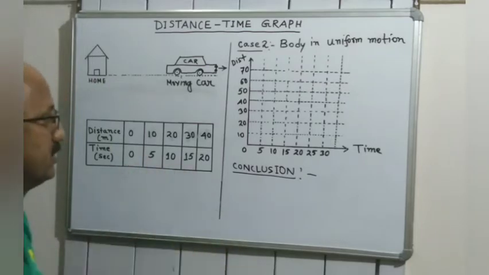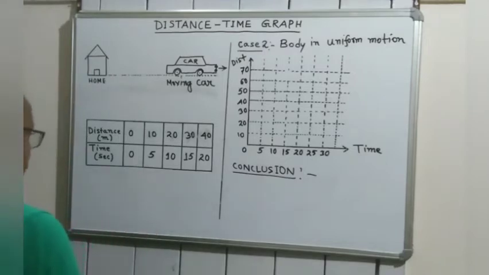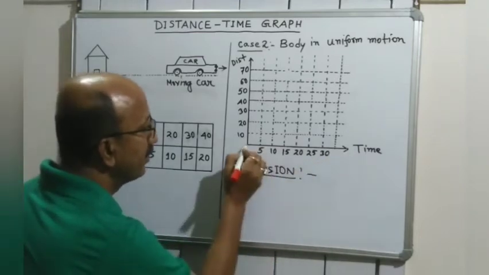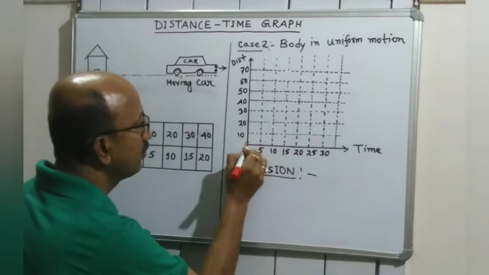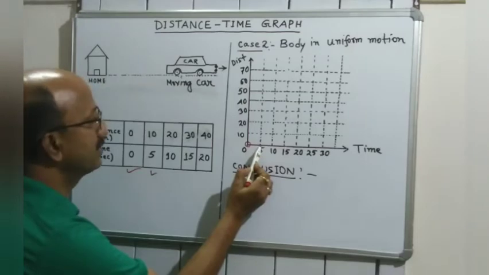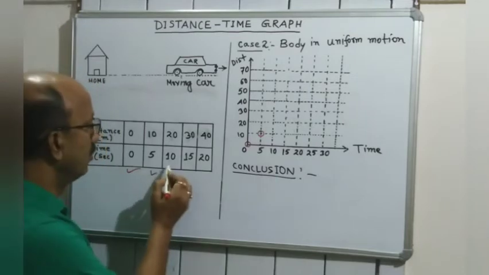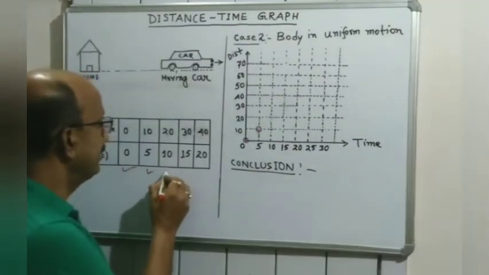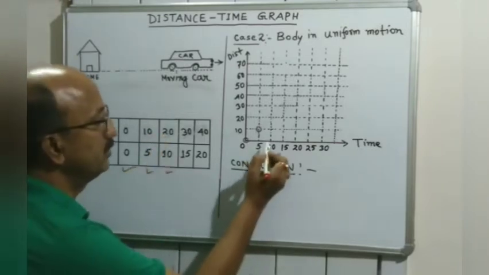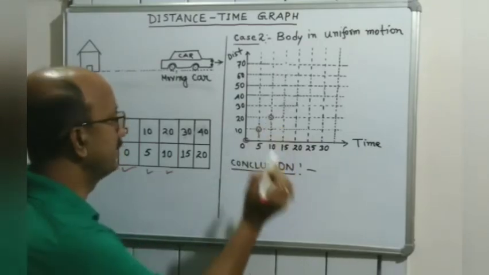Now let us plot it in the graph. First we will plot when time t is 0, distance is 0. This is your time axis, time t is 0, distance is also 0. Next, time is 5 seconds, distance traveled is 10 meters. Now when time t is 10 seconds, distance of the car is 20 meters, so there lies the point.